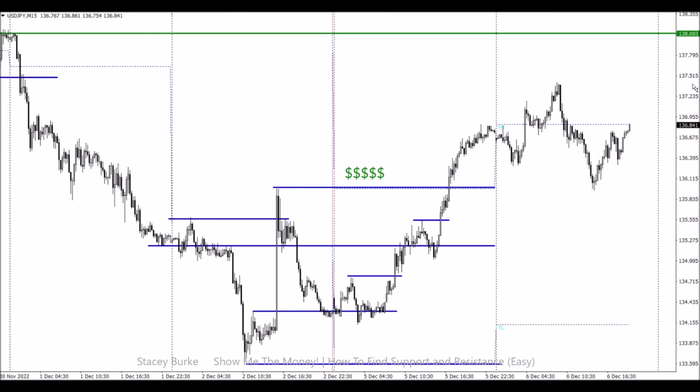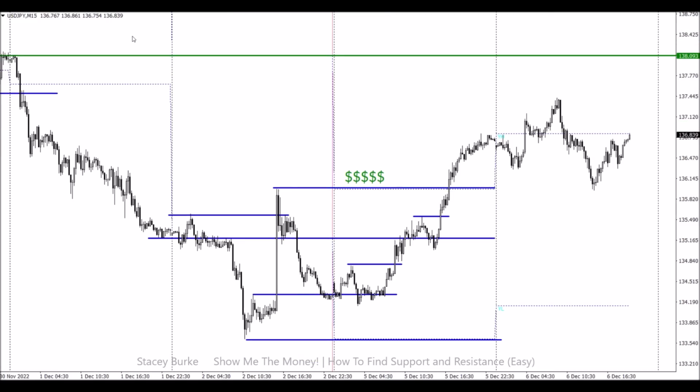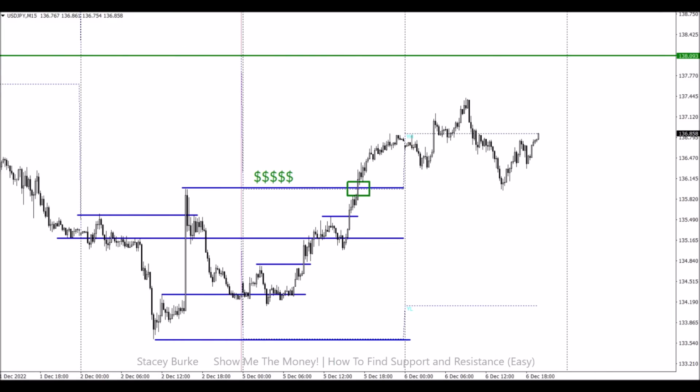Now, again, that area, we may not get there, but we have day one longs in the market on Monday. They broke Friday's high. We have day one longs in the market. And they broke out on day two, and we have day two longs in the market.